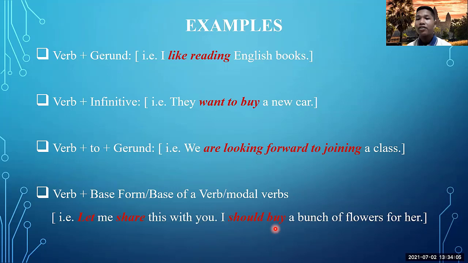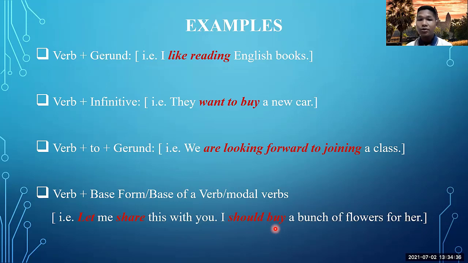We have can, could, shall, should, may, might, and more than that. So after the modal verb, we don't add anything in terms of s or ed or ing. That's why we say verb plus base form or verb plus modal verb. They are kinds of verb pattern.